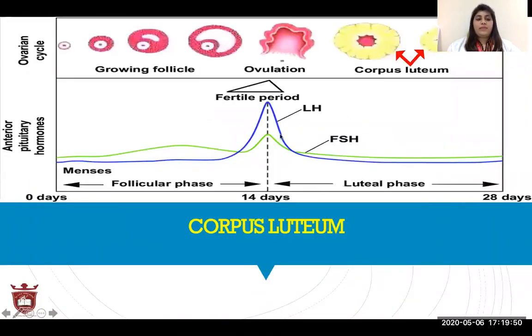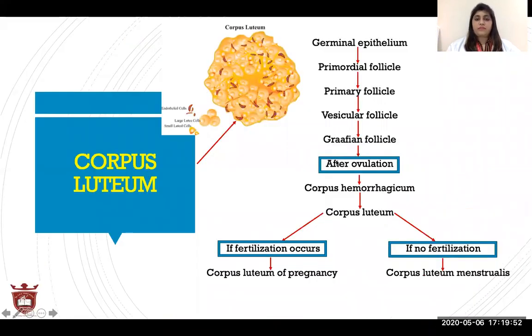Corpus luteum is made up of theca cells and granulosa cells, and theca cells have high levels of luteinizing hormone just before ovulation.